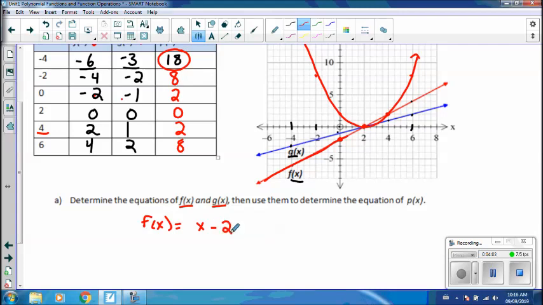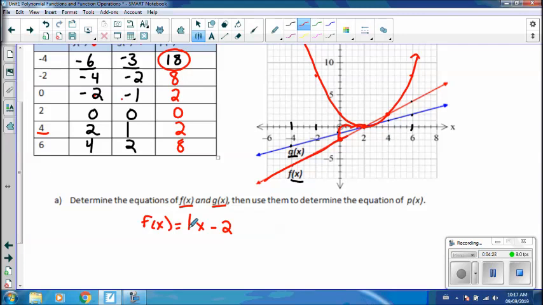And if I look at the slope of this line, it looks like I've gone up 2 and over 2. Notice the scale on the x-axis is a little bit different than on the y. Here I'm going up by half, and then 1, and then 1.5, and then 2. So it looks like I've gone over 4, but it's really only 2 units. So I know that this is 1x minus 2.